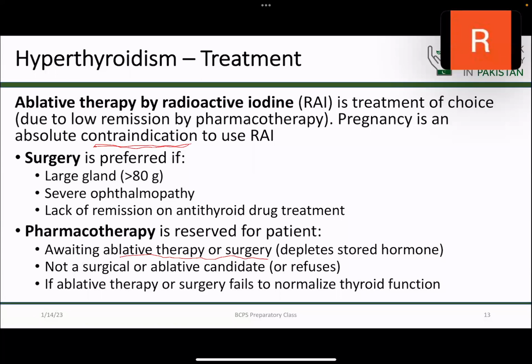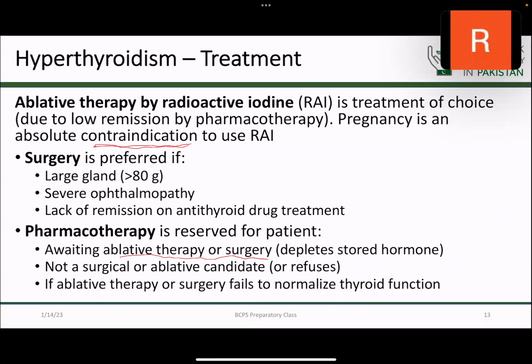And the third reservation is if ablative therapy or surgery fails to normalize thyroid function. So if even after ablative therapy or surgery, the patient is not able to normalize thyroid function, then pharmacotherapy could be an option. So, which drugs are available under pharmacotherapy of hyperthyroid states?